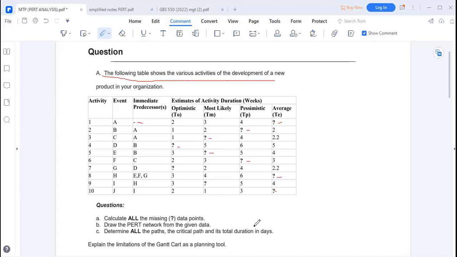So for A, we are finding the time expected. The formula to use is equal to optimistic plus 4 on most likely, then plus pessimistic, then over 6. That's the formula. So for A, we need to check what has been given.